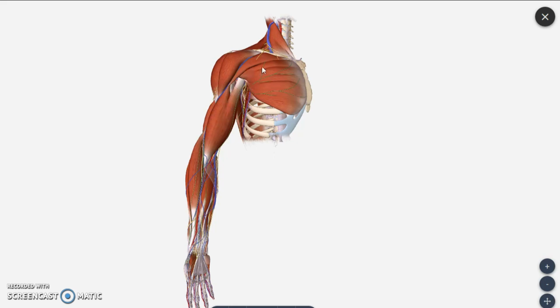First, dealing with the pectoral region, there are three muscles present. We will deal with the details of these muscles later. For now, just understand that the pectoral region has three muscles.